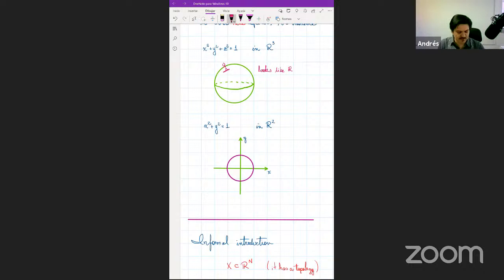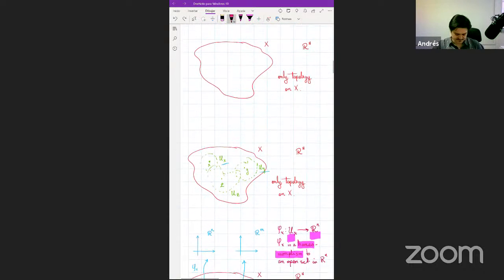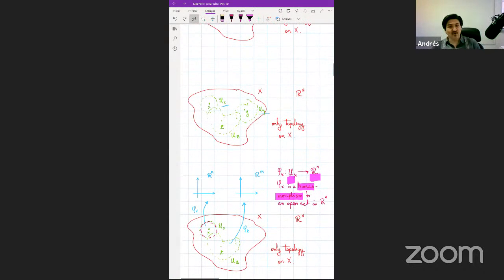So this is something that we are making precise in mathematical terms. Each point has a neighborhood such that that neighborhood is homeomorphic to an open set in Rn.